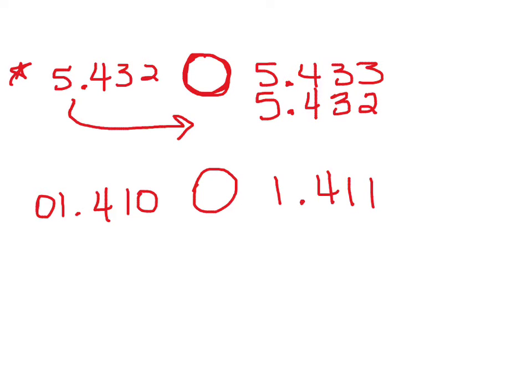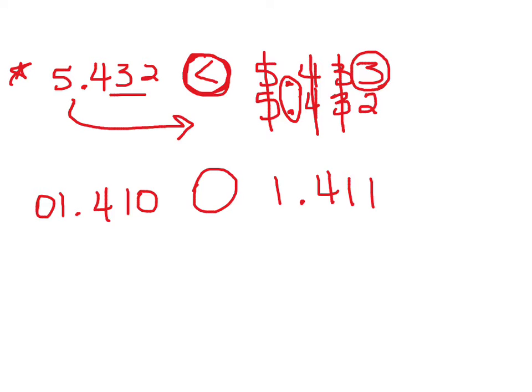I don't have any holes to fill in, so now I'm just going to compare them from left to right. 5 and 5 are the same. Decimals are lined up. 4 and 4 are the same. 3 and 3 are the same. 3 and 2 are not the same. 3 is bigger. So my symbol is less than. That means 5 and 432 thousandths is less than 5 and 433 thousandths.